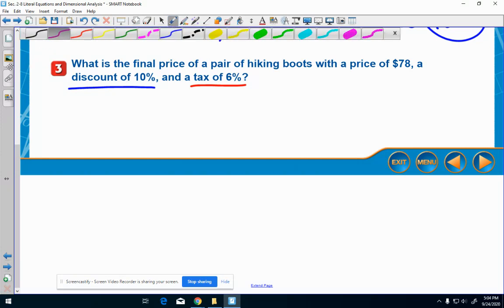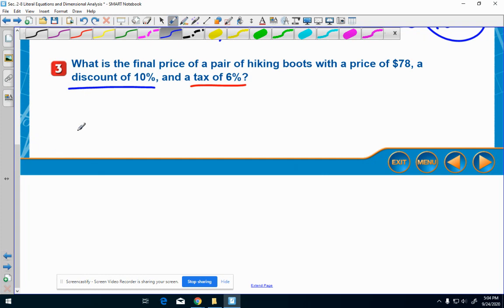If you tried to say, take 10% off and then add 6%, that's a difference of 4%, you can't do that. The discount has to happen first on the original 78, and then we can figure out the tax. So we'll do the discount in blue and the tax in red. Hopefully we can keep those 2 things straight.